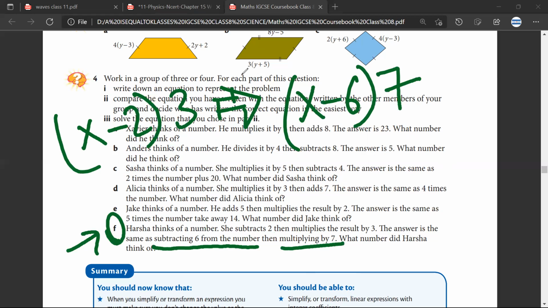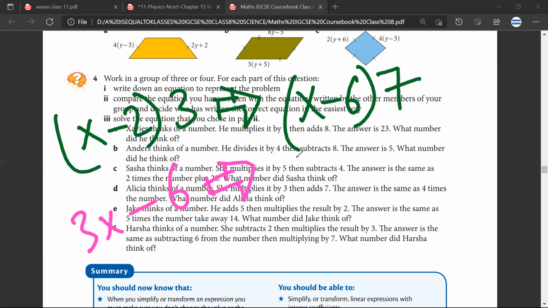Okay. Nice. How should I solve this? So we'll open the brackets. So it will be 3x minus 6 equals 7x minus 42.